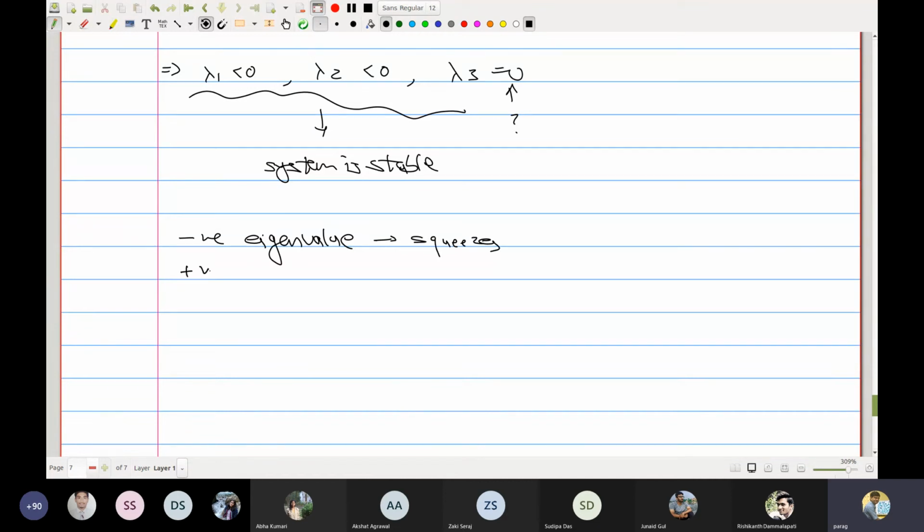Positive eigenvalue means the system expands. It blows up as time tends to infinity. Zero eigenvalue means the system is rigid.